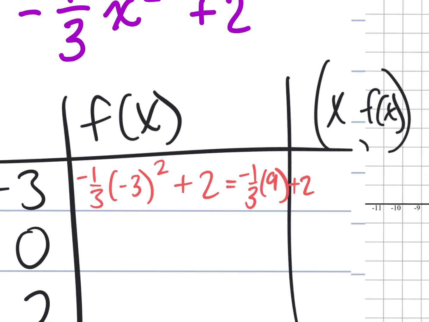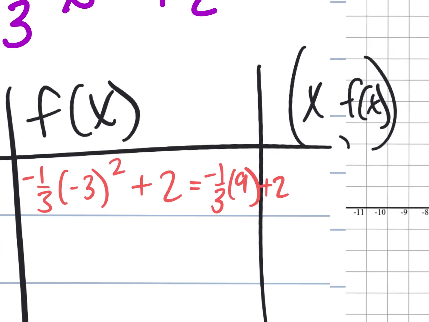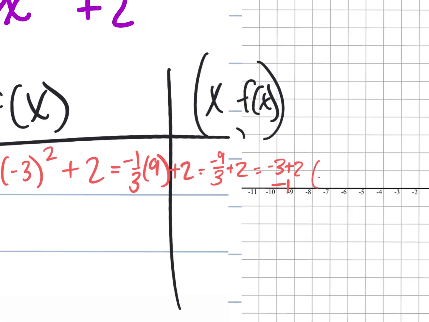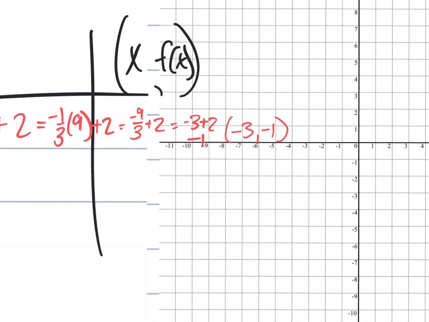And then you have to multiply, so it'd be -9/3, which simplifies to -3. Very good. -3 plus 2 is -1, so it'd be -3 comma -1. -3 comma -1 is my first point. Very good, Karen. Let's go ahead and put that on our graph. -3, -1.